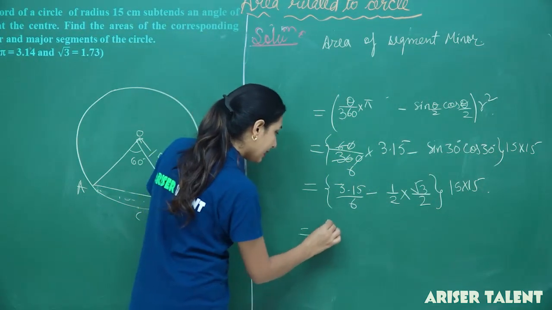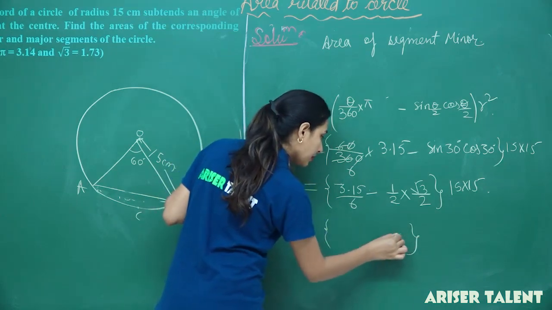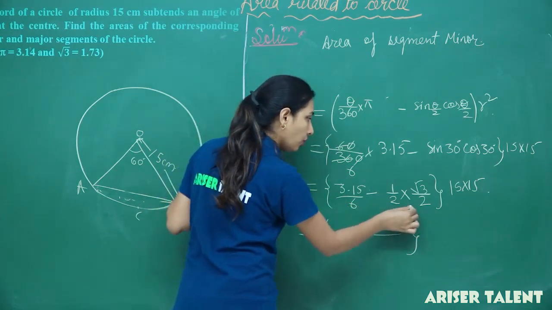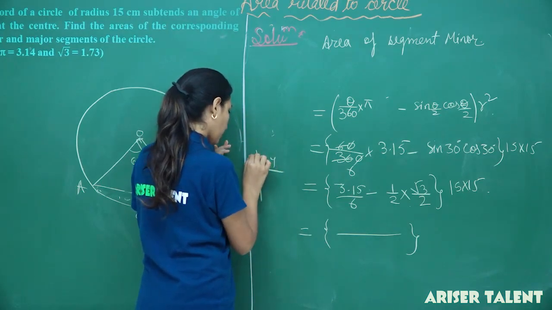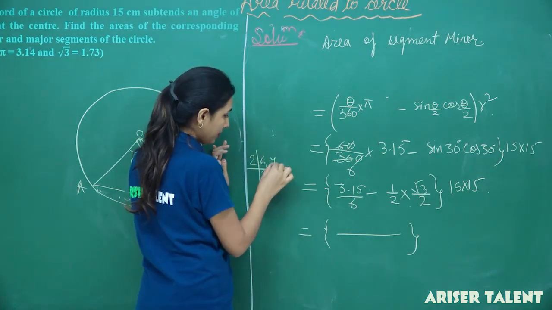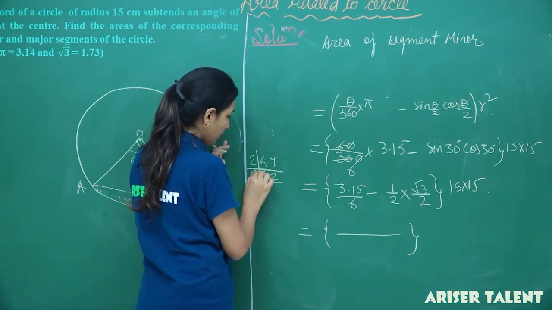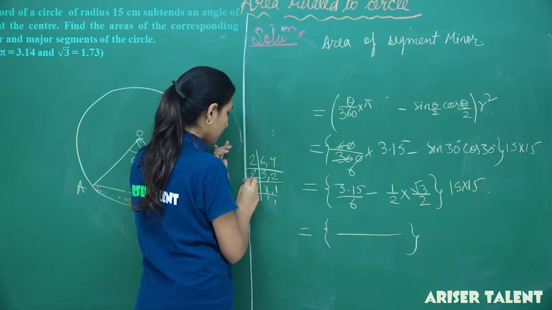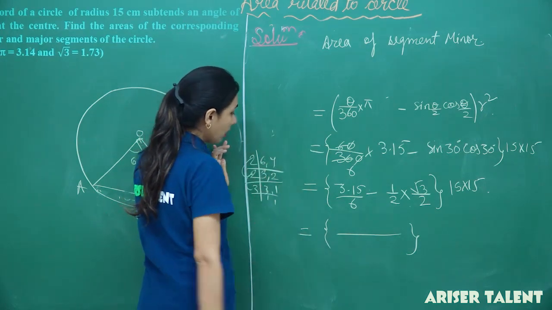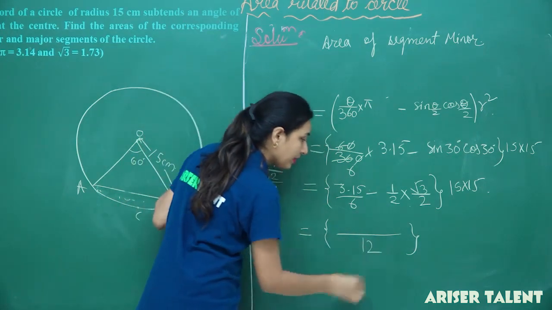Now when will I take the LCM? That is 6, that is 4. So I can take the LCM like this: 2, 3 times, 2 times, 2 again, 1 time, 3 again, 1, 1. 3 2s are 6, 6 2s are 12. So 12 is the LCM here.